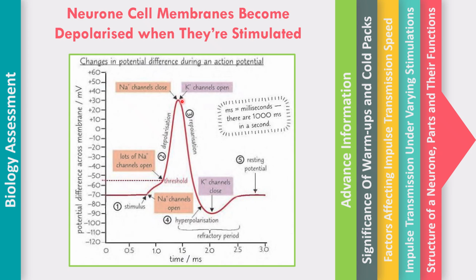After the action potential, there will be repolarization up to this point, and then we shall have hyperpolarization at this point, and then we shall take it back to resting potential. But this part here where we have hyperpolarization, that is what we call the refractory period.